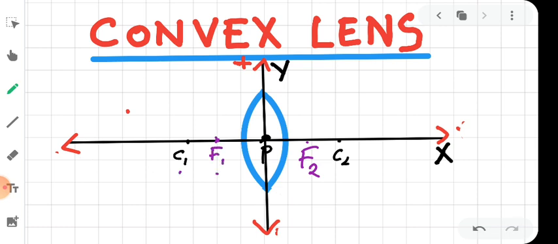On this side it's C2, so I am going to use F2. So you know that there are focuses on either side, but conventionally we will be dealing with only light rays coming from the left side. So now consider a ray which passes through the focus 1.